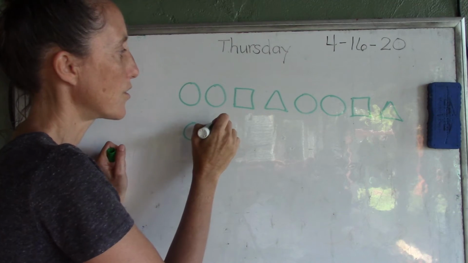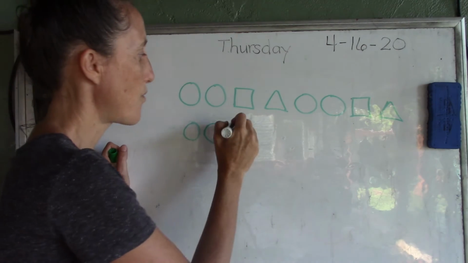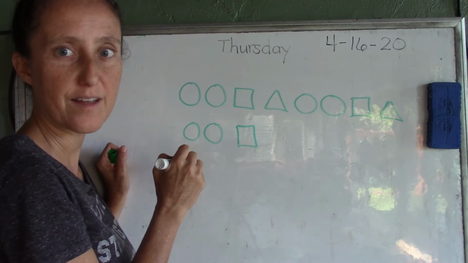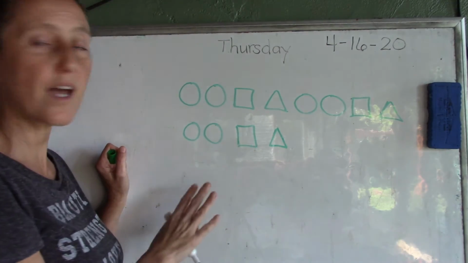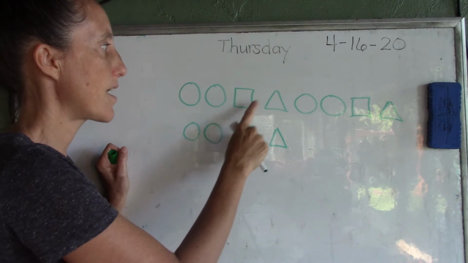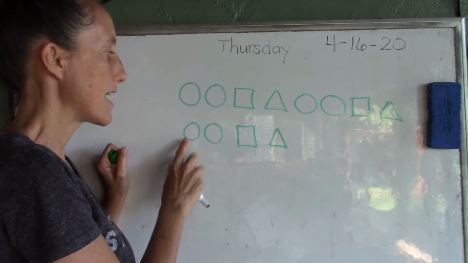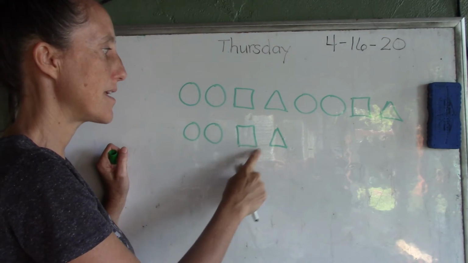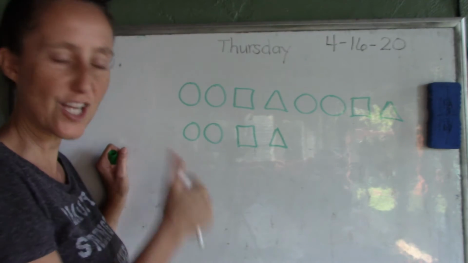Circle, circle. What comes next? Right, square, then what? Triangle, you're right. So what kind of pattern is this? Circle, circle, square, triangle. Circle, circle, square, triangle. It's an A, B, C. A, B, C. Good job.